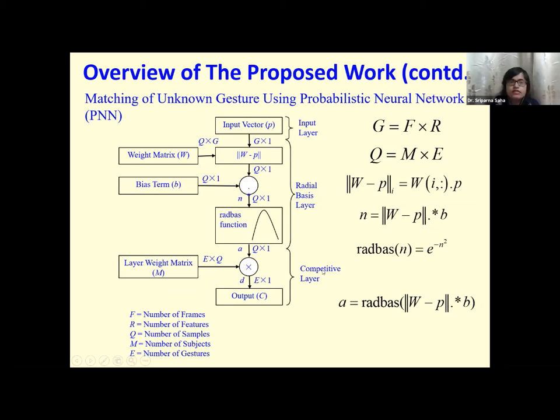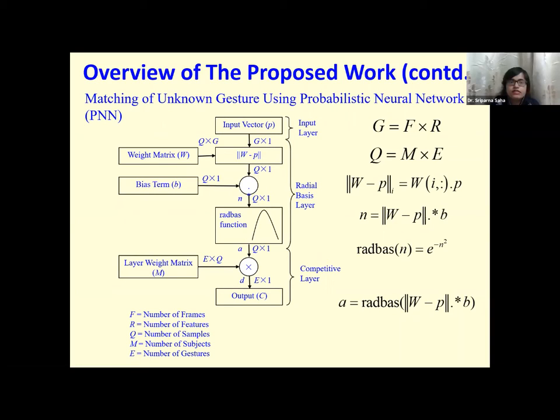And these are the equations by which you can calculate each of the parameters. Each of the equations has been specified, and what are the values? F means the number of frames, that is, for how much duration you are taking the data. You already know that for Kinect you can know the sampling rate.